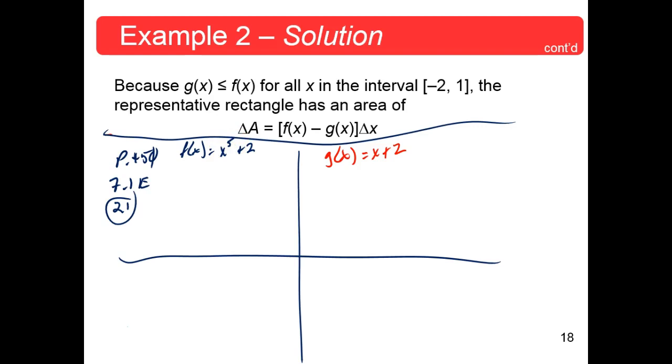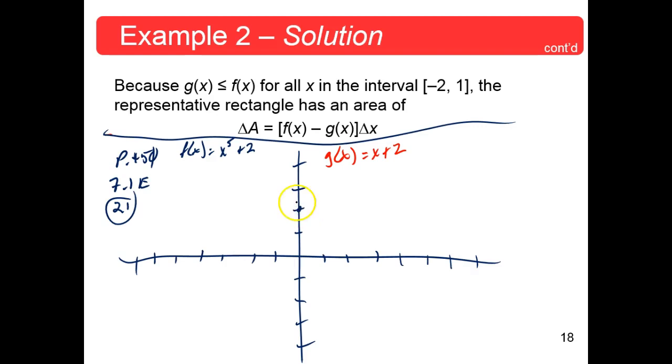Okay, let's plot out some x's and y's here. Won't need that many, I'm pretty sure, but I'll just plot them out there. X to the 5th plus 2 is a pretty interesting function. When x is equal to 0, where are we? 2.